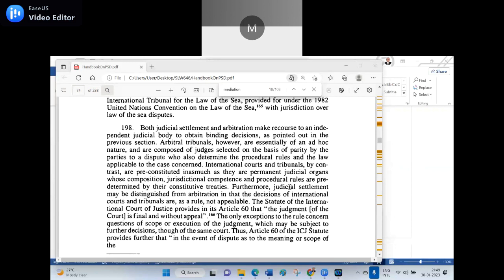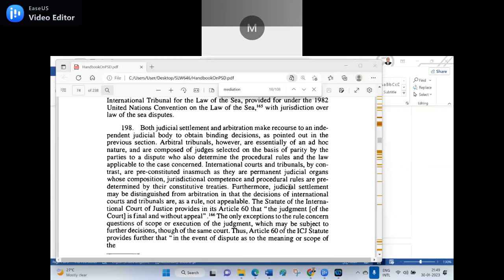By virtue of Article 60 of the ICJ Statute. Is it clear? Yes, Prof. Article 33 says judicial organs are there which will decide the cases, meaning the International Court of Justice.